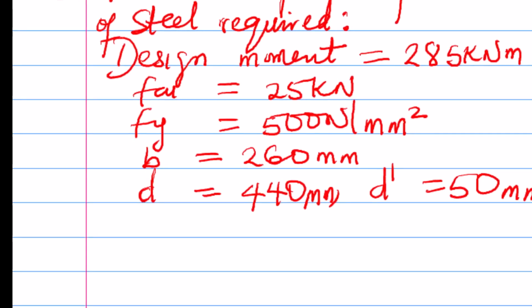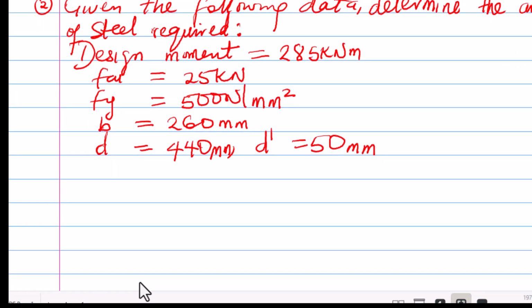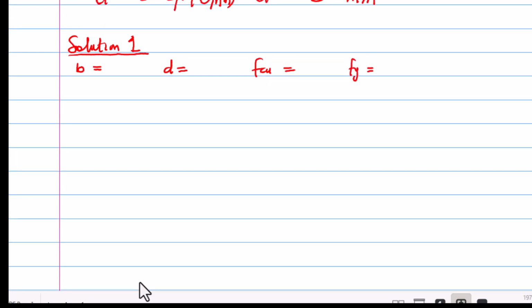So I'll come here and write solution to question number 1. We have been given B, we have been given D, FCU has also been given, then we have our Fy also given.